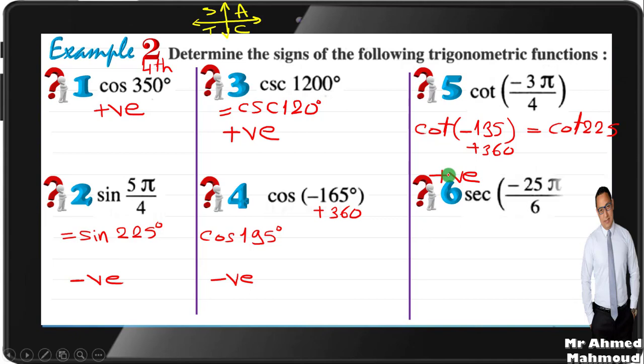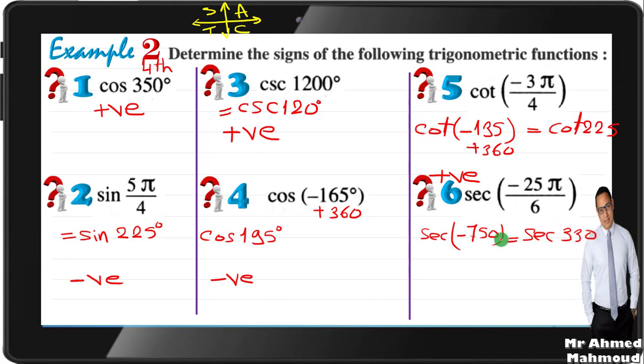Number 6, sec negative 25 pi over 6. Negative 25 times 180 over 6 equals negative 750. Plus 360 plus 360 plus 360 equals sec 330.